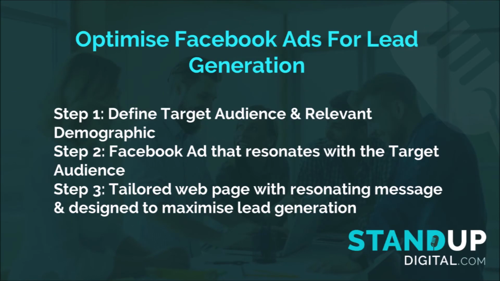So in summary, these are the 3 key steps to get the best out of your Facebook campaigns. Step 1, define the target audience and the relevant demographic. Step 2, have an ad that resonates with these people. And step 3, for the people that click the ad, make sure that the landing page has a resonating message and is designed in a way to maximize lead generation.